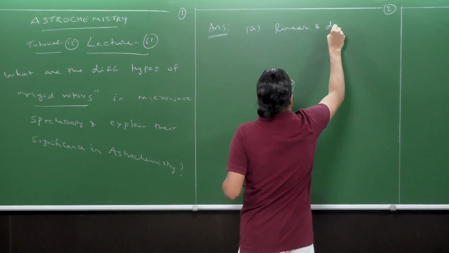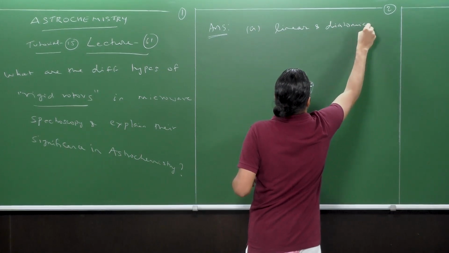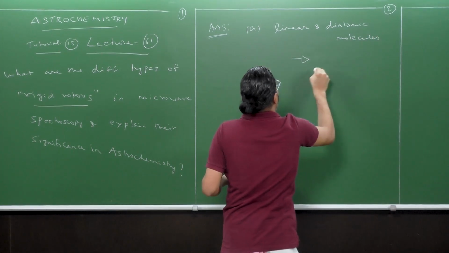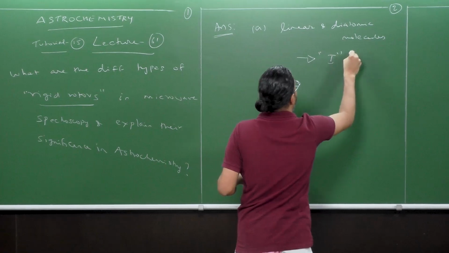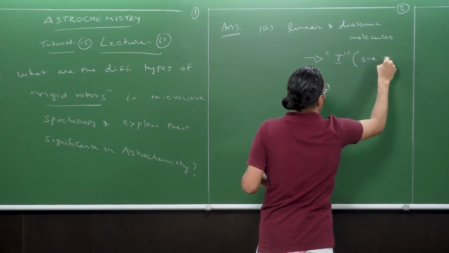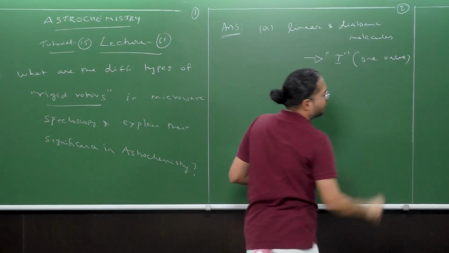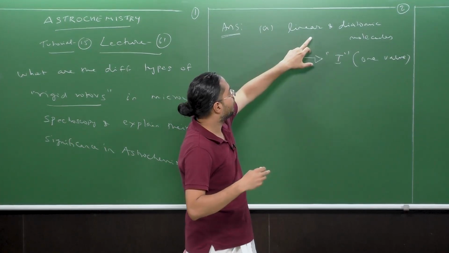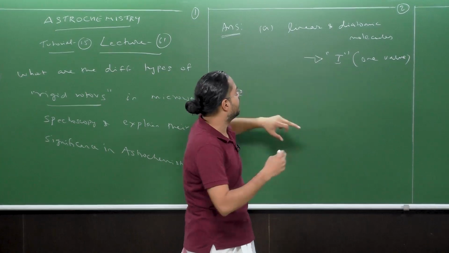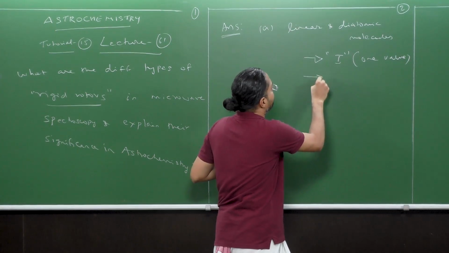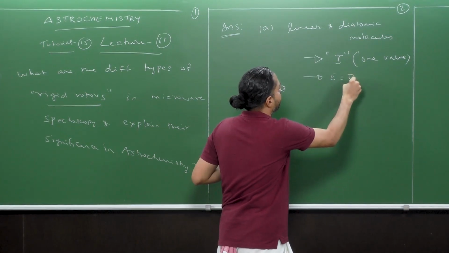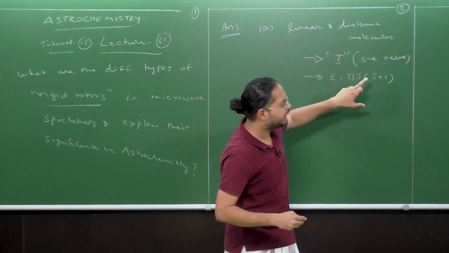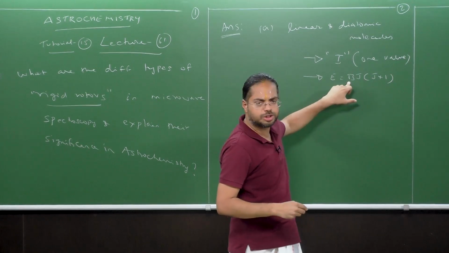linear and diatomic molecules. So they are characterized by only one I value. Right, we already saw this in the lecture, so I won't be spending much time on this, right? So, and the energy is given by BJ(J+1), where J is the rotational quantum number and B is the rotational constant.